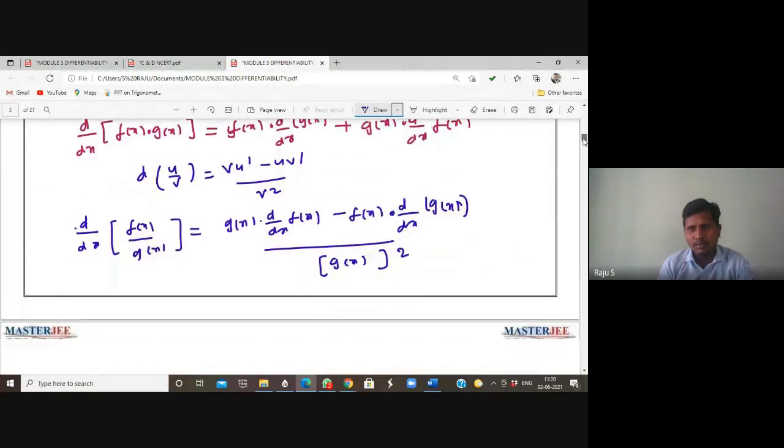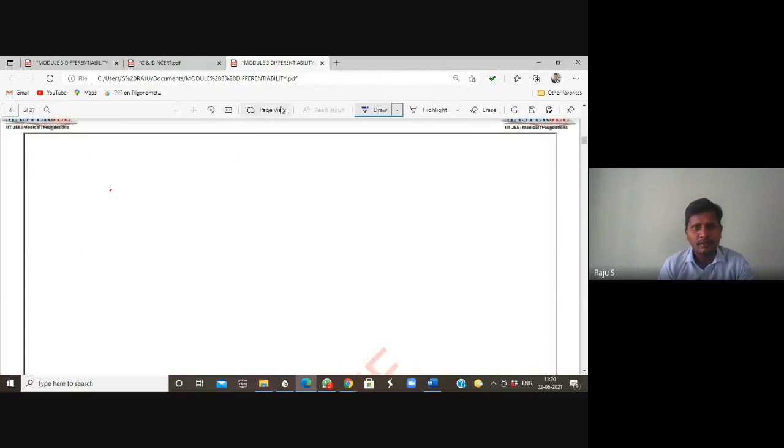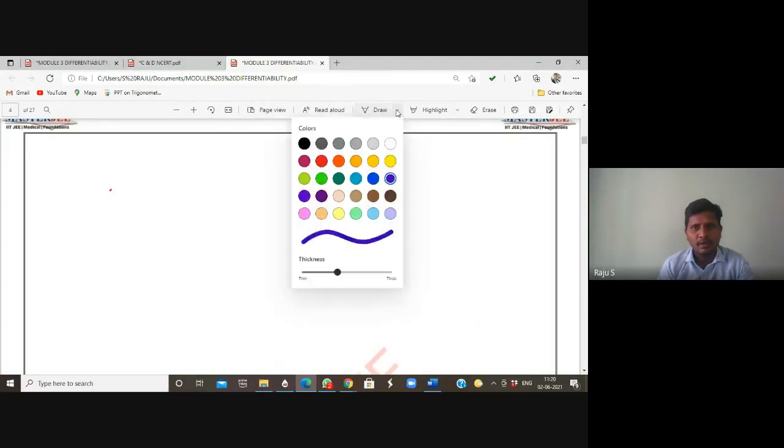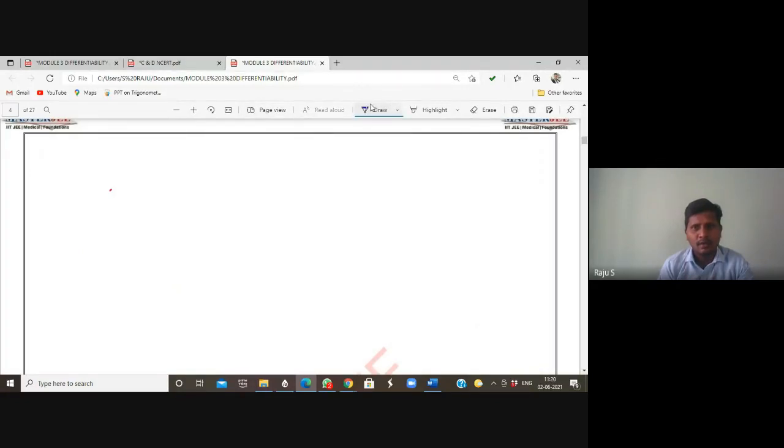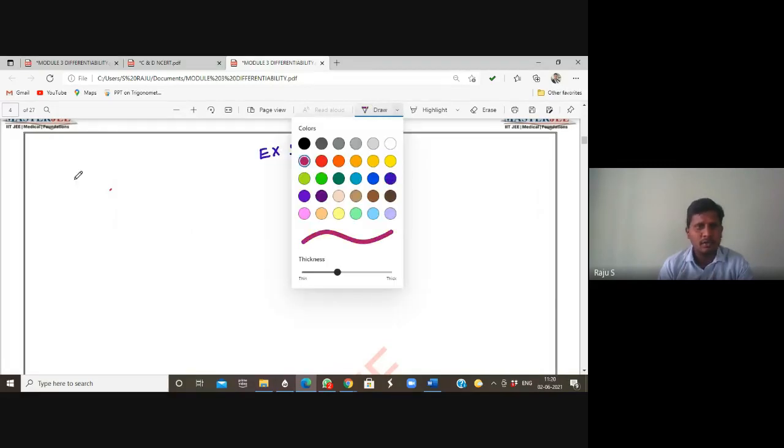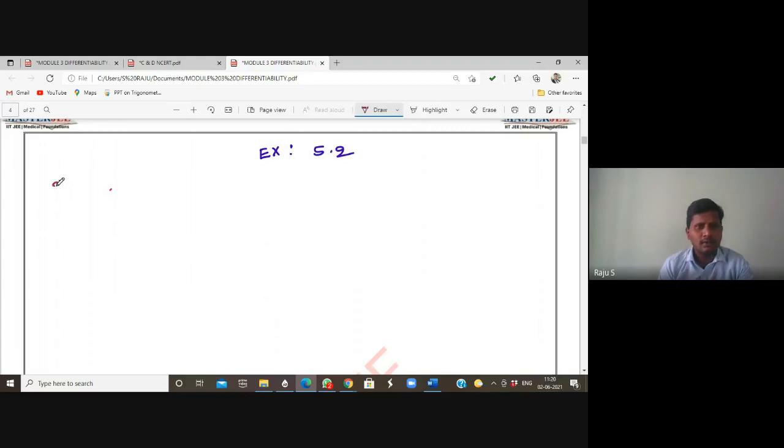Exercise 5.2, the first question. Solution: let us consider the given function as y. y is equal to sine of, what is the function, students? x squared plus 5.